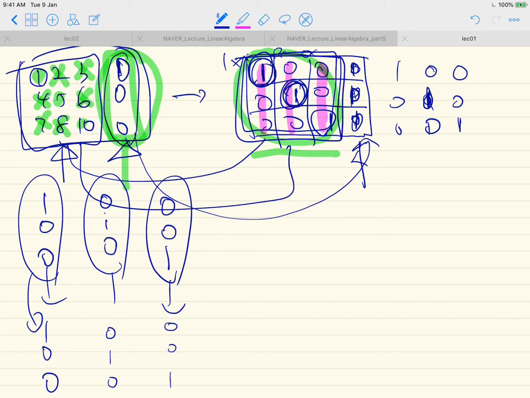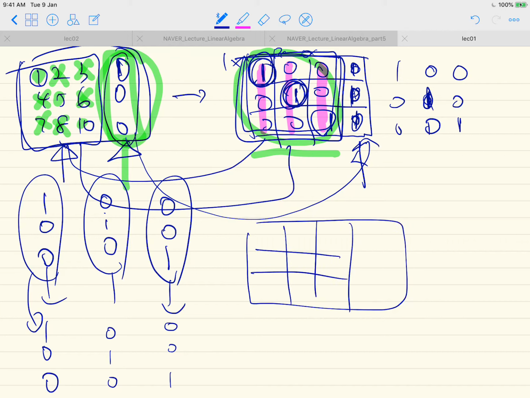Okay, but let's just think of some other case where we have no pivot in some column. For example, we can think of this kind of case. Suppose after doing the Gaussian elimination, we obtained pivots over here and over here, and no pivots anywhere else.